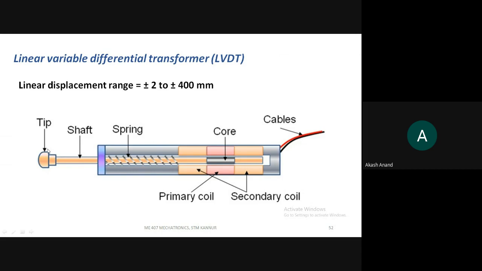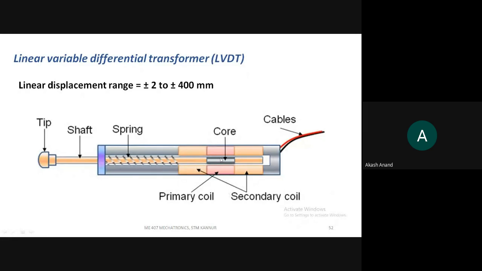It consists of a tip and a shaft, and inside the cylinder it is connected with a spring. These parts are not so important, but we have to focus on the core and coils, that is one primary coil and two secondary coils, where the important process is working.